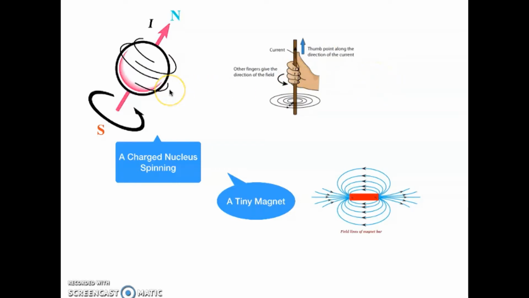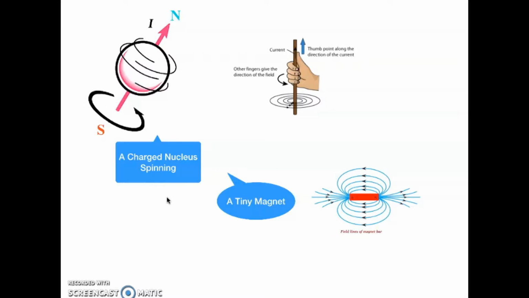So for this nucleus, the north pole will be on the top side and the south pole on the bottom side because the nucleus is spinning anti-clockwise. Thus, a positively charged nucleus behaves as a tiny magnet. The minimum condition is that the nucleus should have a net spin.